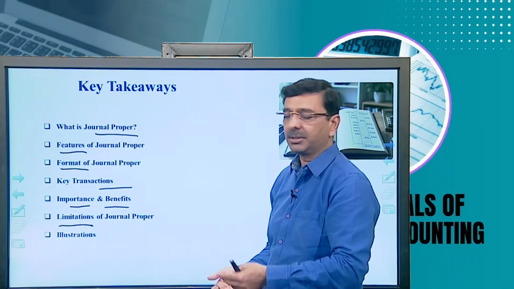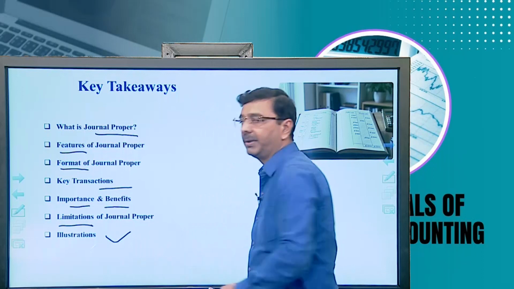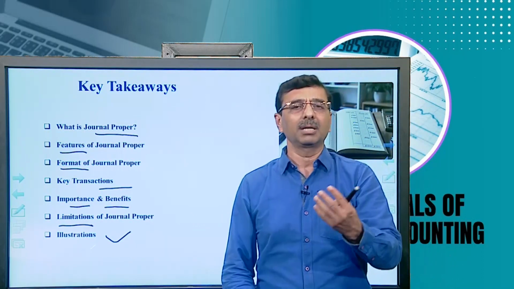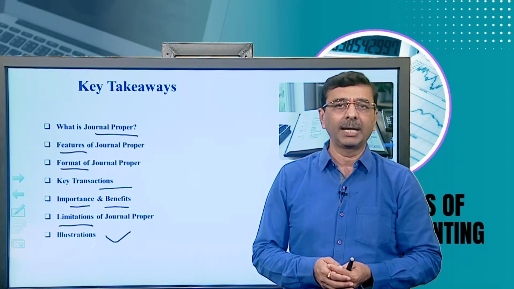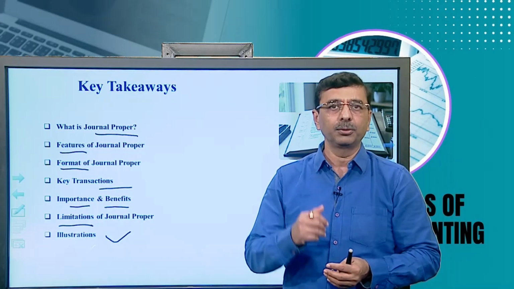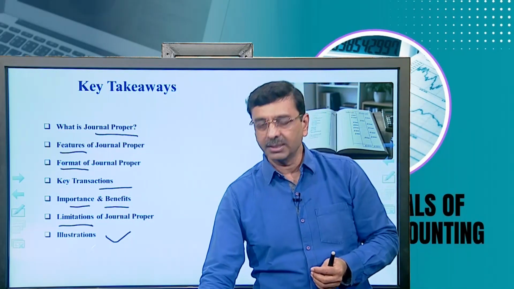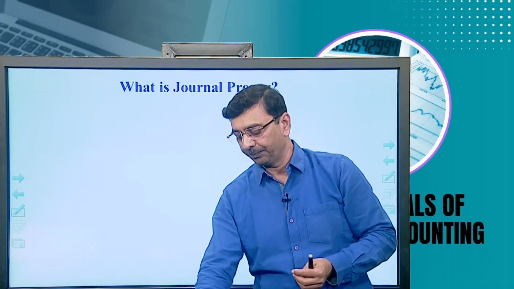At last we will discuss an illustration. Some transactions will have an entry to record in the journal proper, so you will be able to understand how these transactions are recorded in the journal proper book.